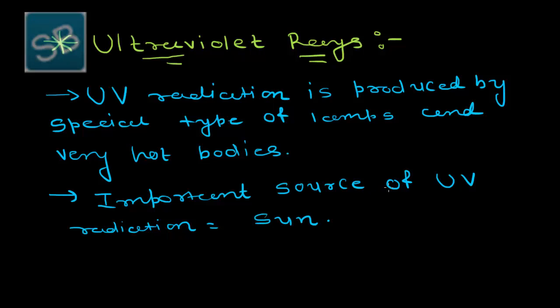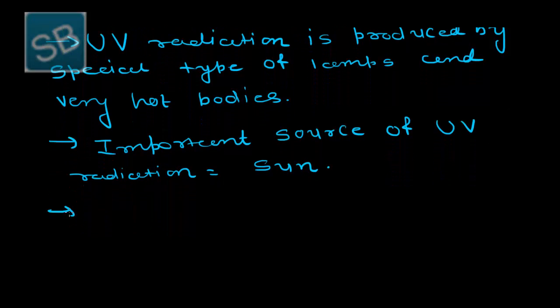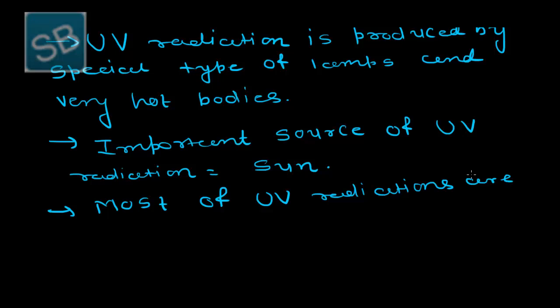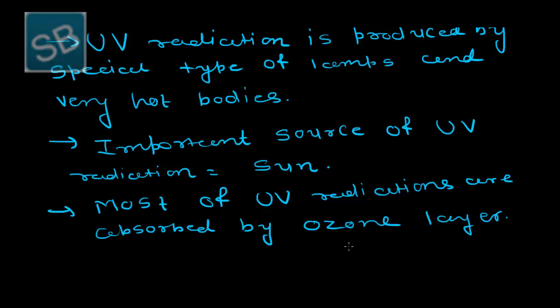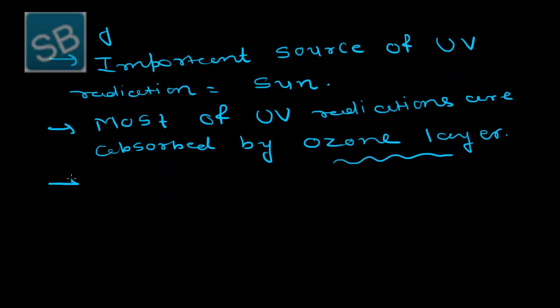And most of the UV radiation is absorbed by the ozone layer, and this ozone layer stops the UV radiation from coming towards the earth.